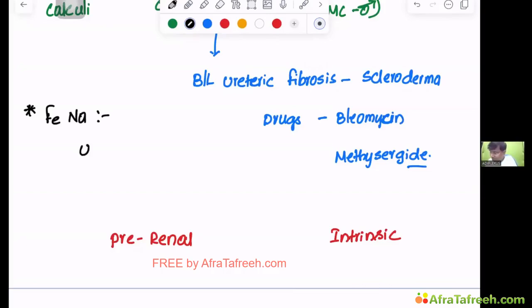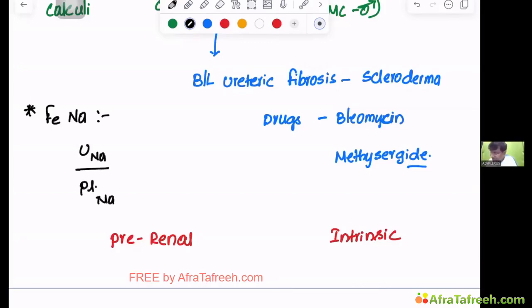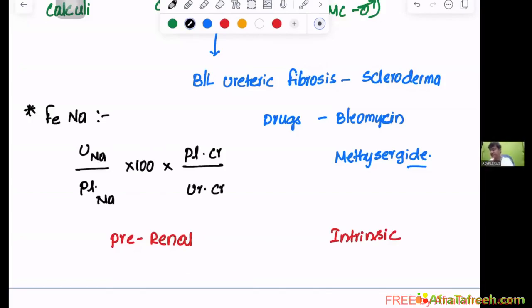What is the formula for your FeNA? Urine sodium by plasma sodium multiplied by 100. Actually, we also have creatinine in the formula, that is plasma creatinine divided by urine creatinine. So this is the formula for the fraction excretion of sodium.